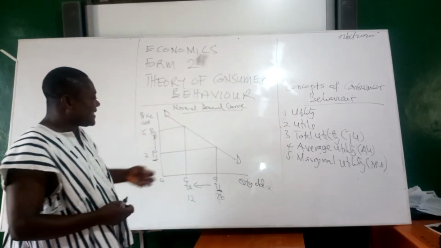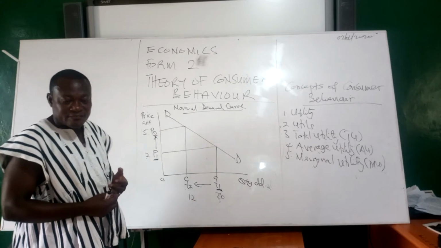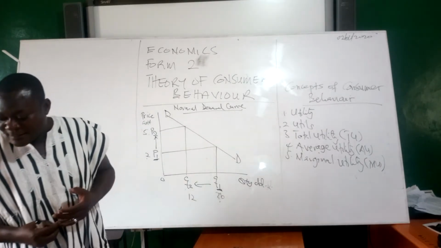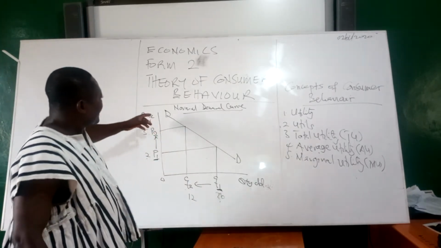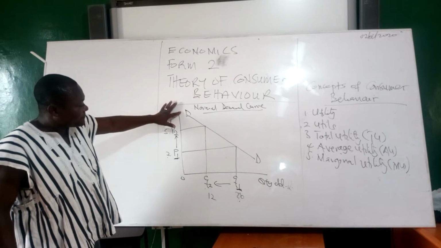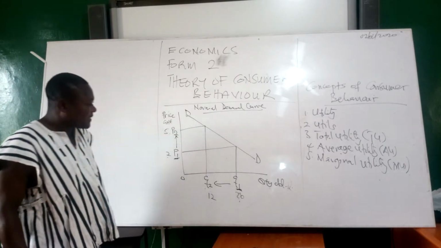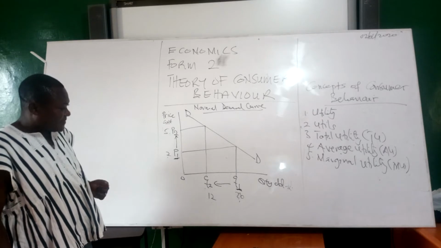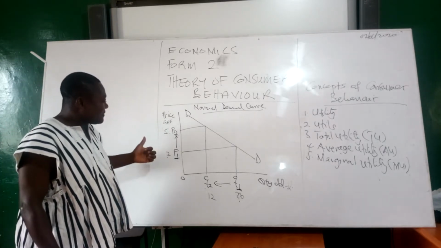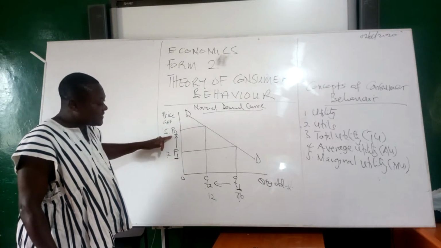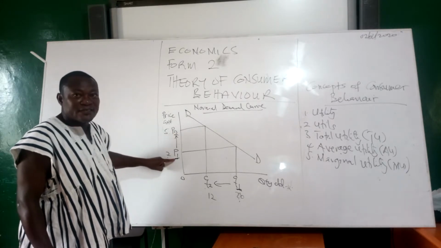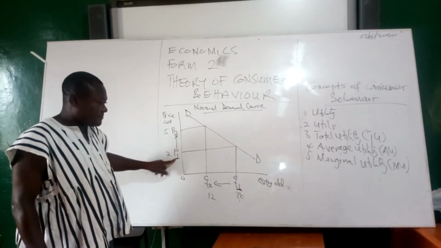This shows a negative slope of the demand curve, and our attention will be focused on the negative slope of this demand curve. That is why consumers buy less of a commodity at a higher price and more of the commodity when price falls.